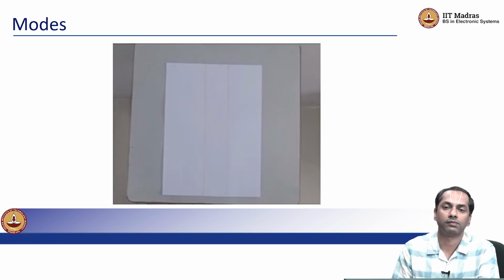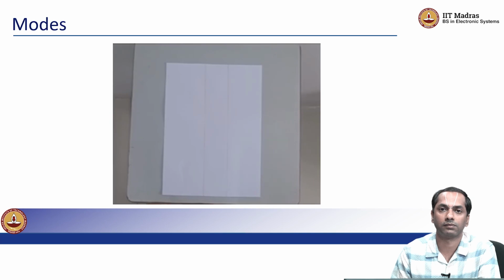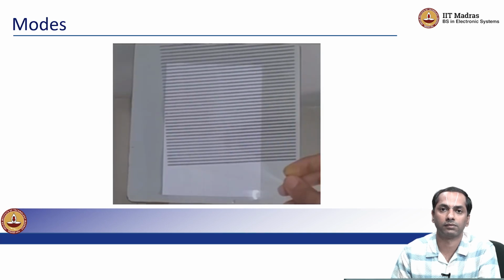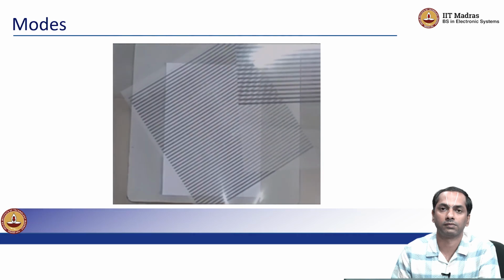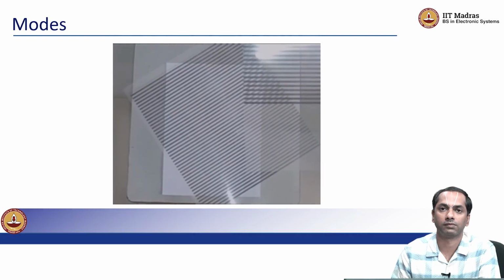I have here a plain white sheet with two parallel red lines to indicate the metallic boundary conditions. I have printed two transparencies with black lines to indicate planes of constant phase.